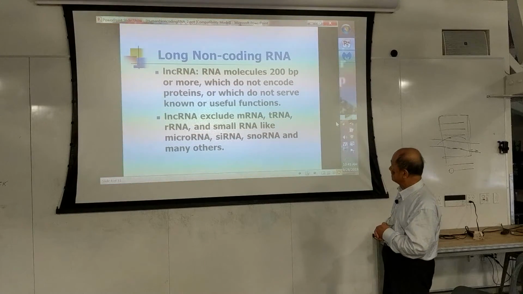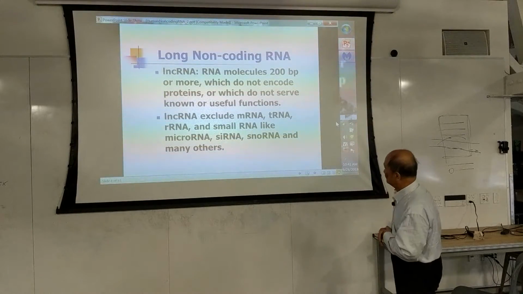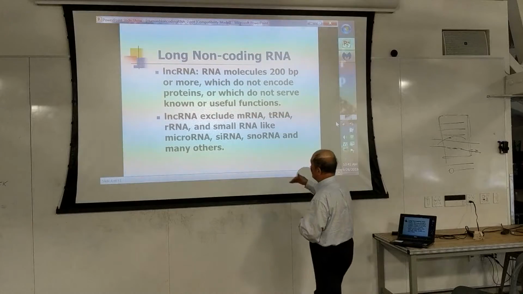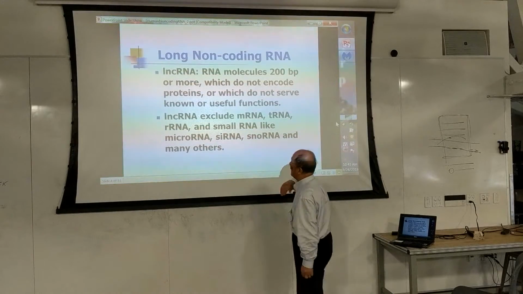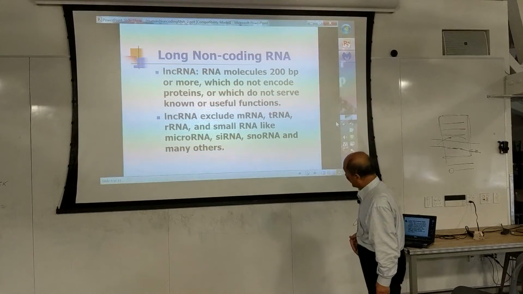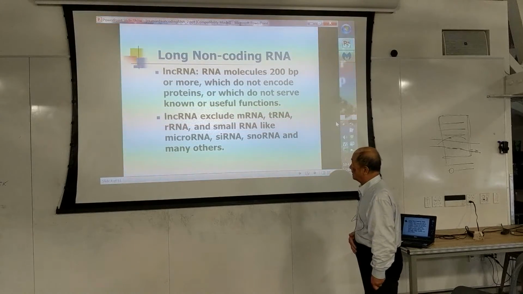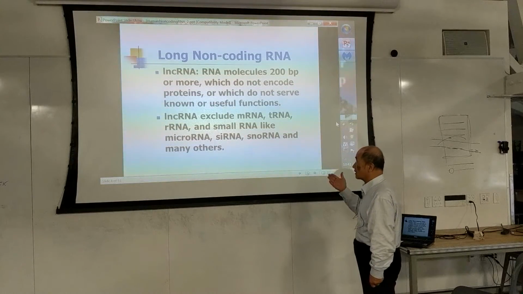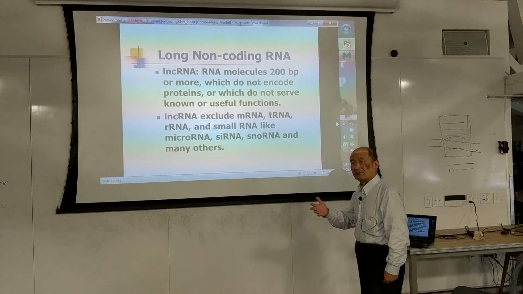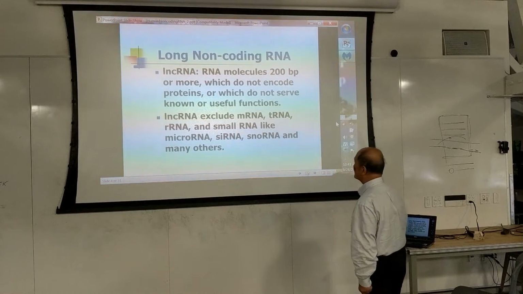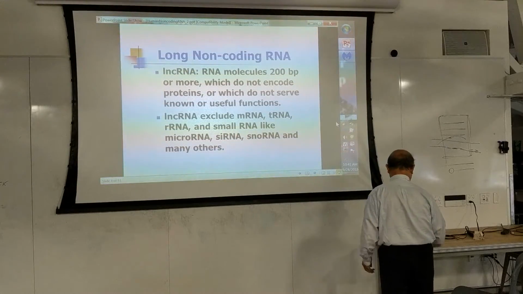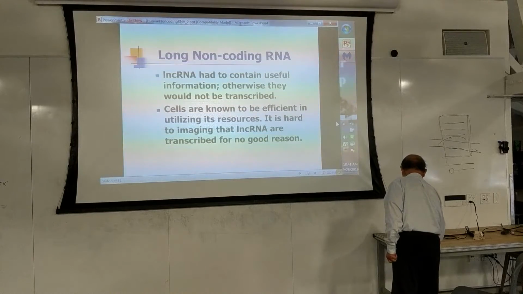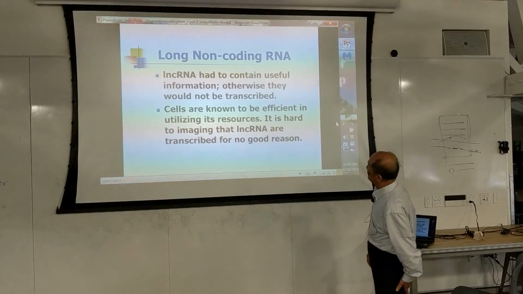So there are lots of RNA. There are lots of long non-coding RNA, and there are lots of smaller RNAs. All these things need explanation; we have to understand what they are doing.